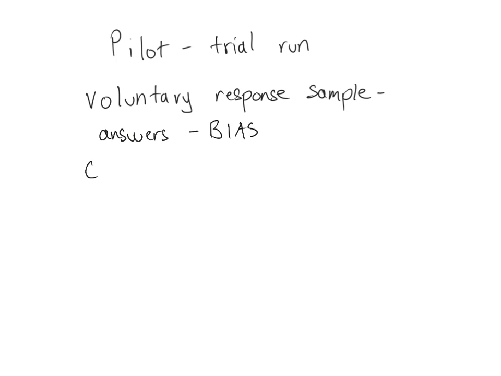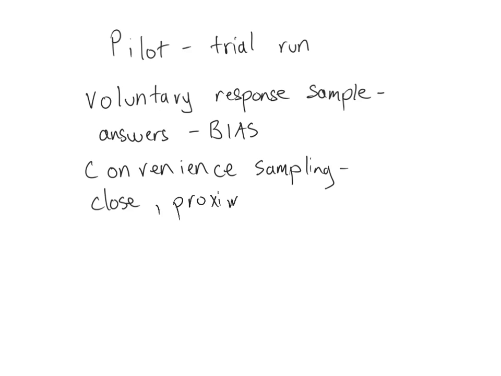Another one is convenience. Convenience sampling is anything that is close, right? Close to the surveyor, or proximity. And that too is not very good, right? It's not representative of a big group.